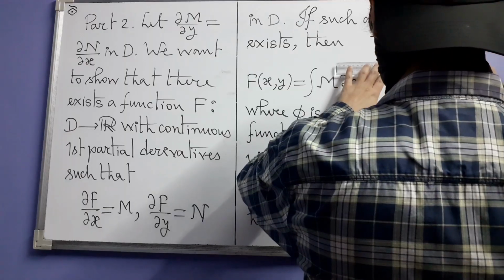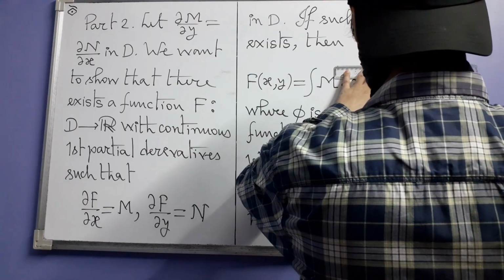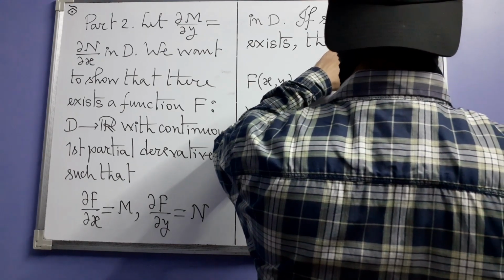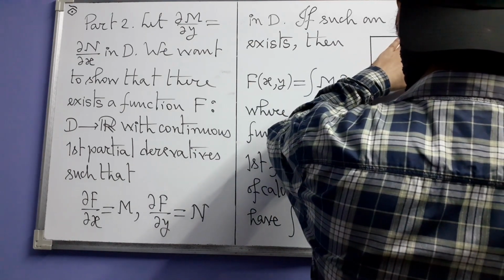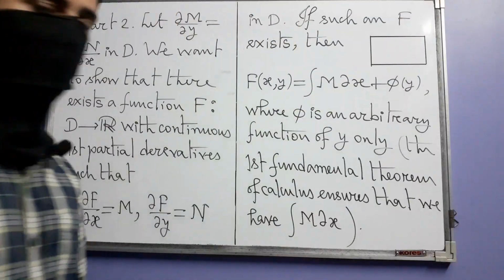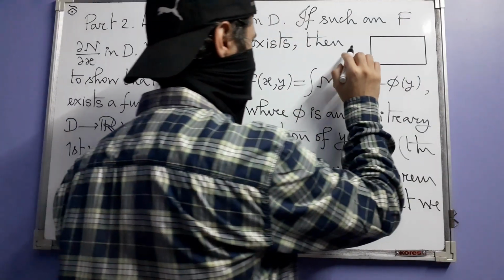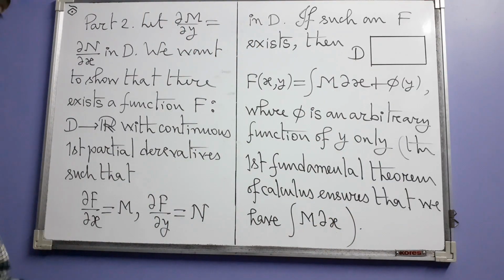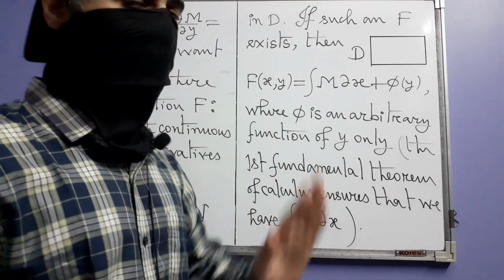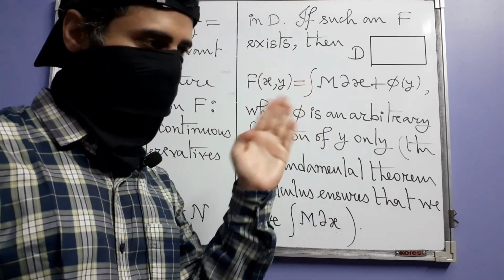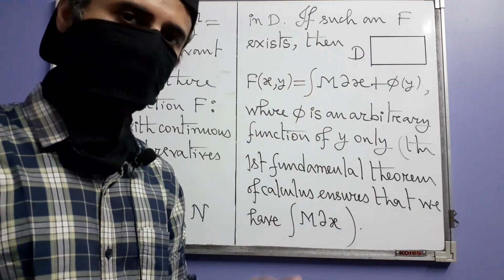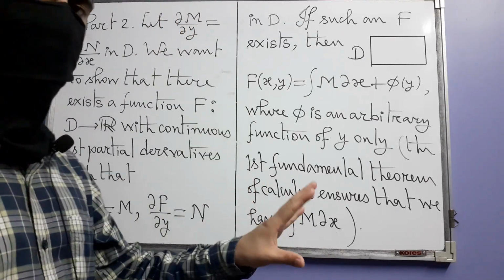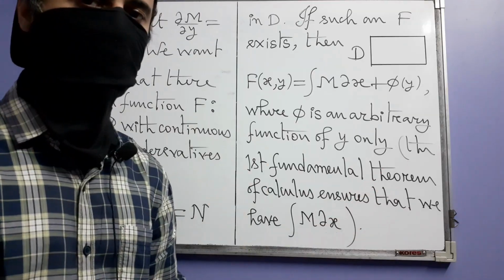Say this is your rectangular domain. This is your D. Although it's not given that the sides of the rectangle have to be parallel to the coordinate axis, I know that that is what the author wanted to mean when he wrote rectangular domain.